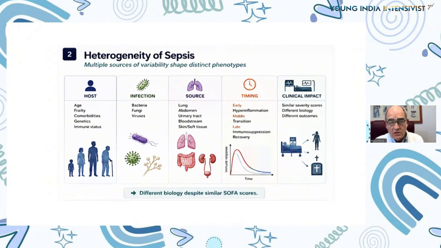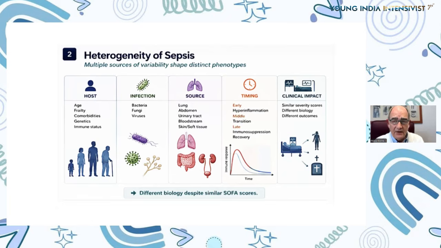And the source is not always the same. We can have a sepsis and a severe infection that characterize typical phenotypes in the lung, in the abdomen, in the urinary tract or bloodstream, wherever.